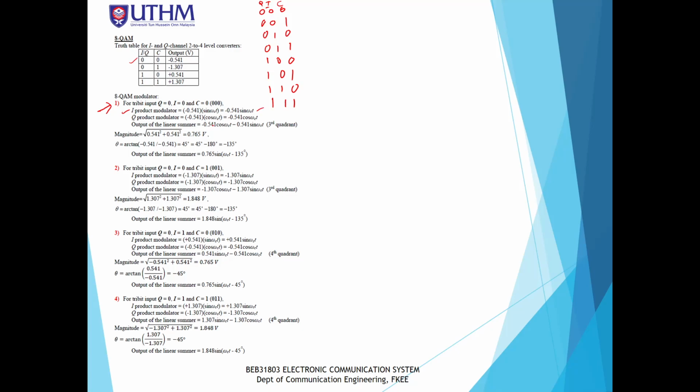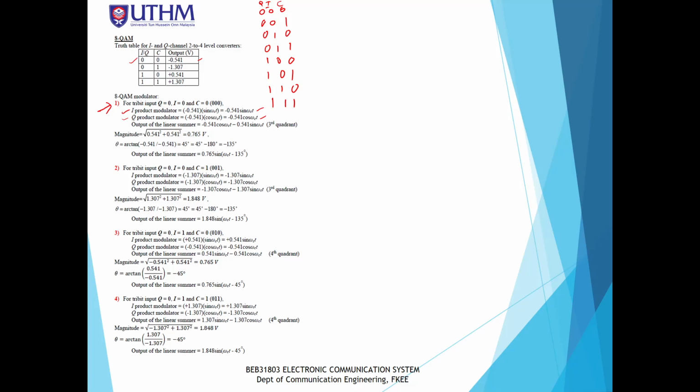And for the Q channel, 0 and 0, which is the first one, will produce negative 0.541, and in the Q channel we multiply with cosine, so we produce negative 0.541 cos omega ct. Okay, and we put both of these inside the linear summer to sum up the sine and cos.